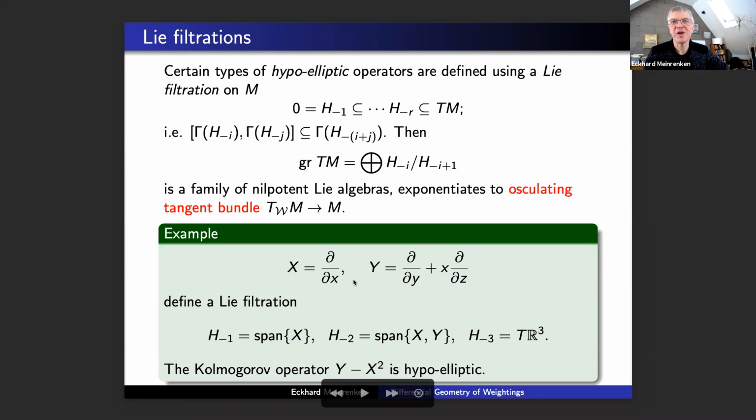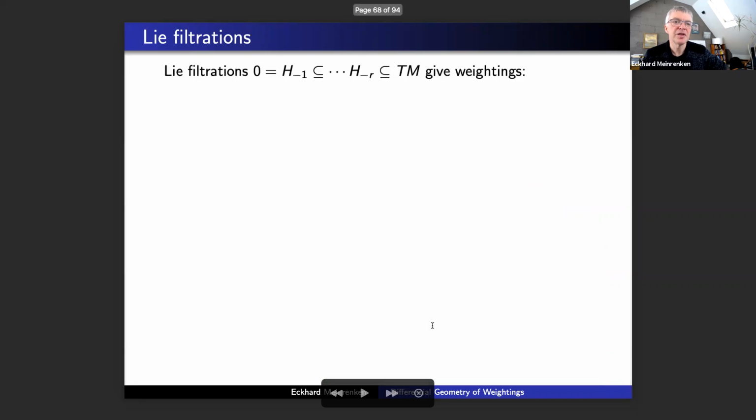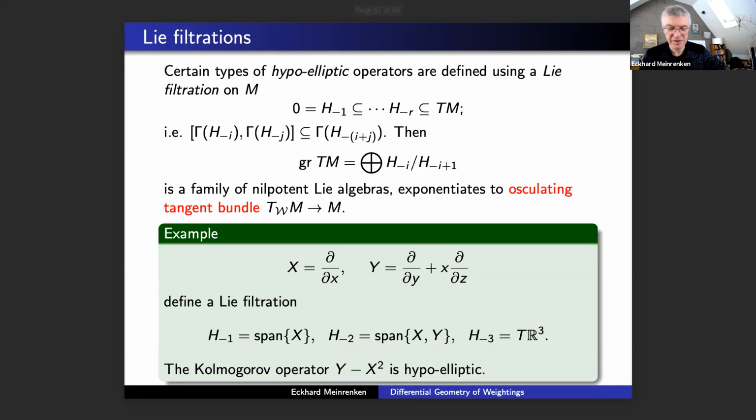You can assign weights if you want, with x being of weight 1, y being of weight 2, and z being of weight 3. Then h minus 1 is spanned by x, h minus 2 is spanned by x and y, and h minus 3 is everything. And the Kolmogorov operator that Jacobus had at the very beginning in December is the operator y minus x squared. So this is this hypoelliptic operator.